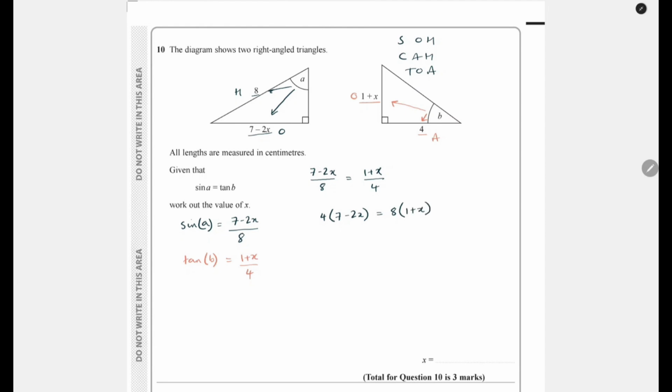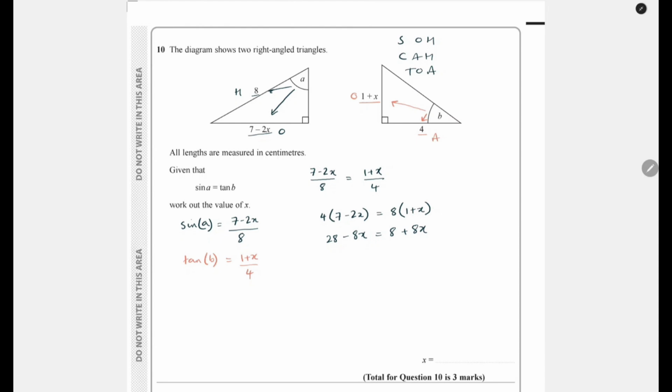We expand and simplify. 4 times 7 is 28. Minus 4 times minus 2x equals minus 8x. And on this side we have 8 times 1 is 8, and 8 times x is 8x.